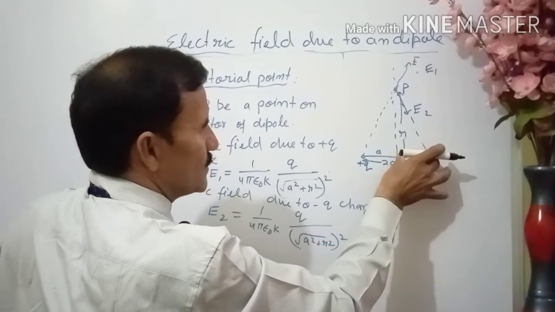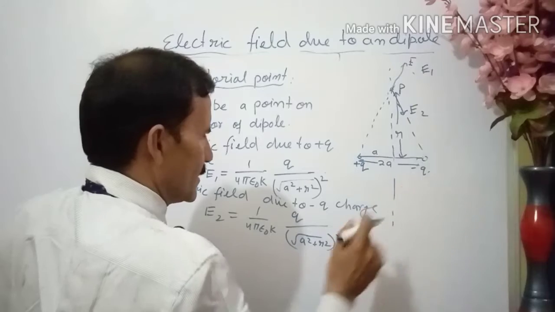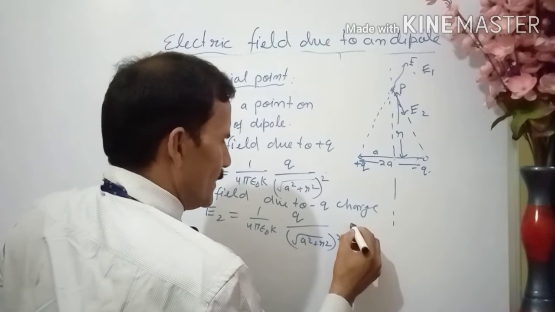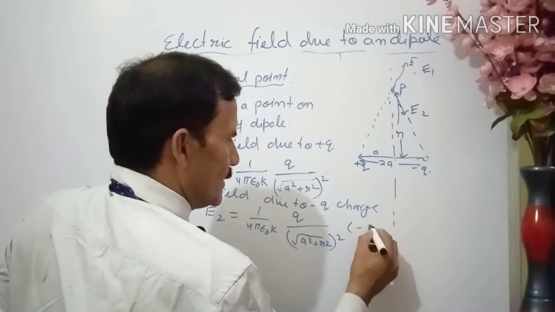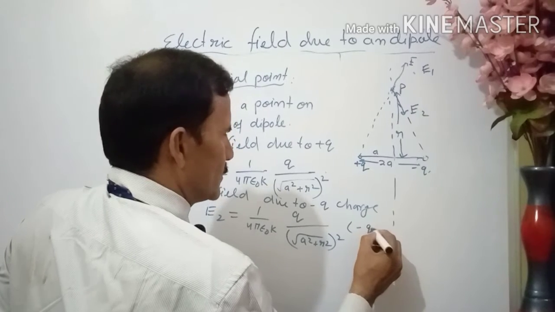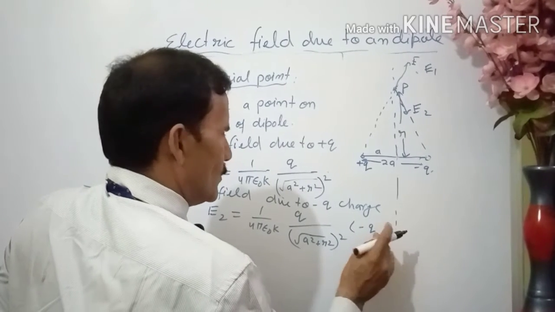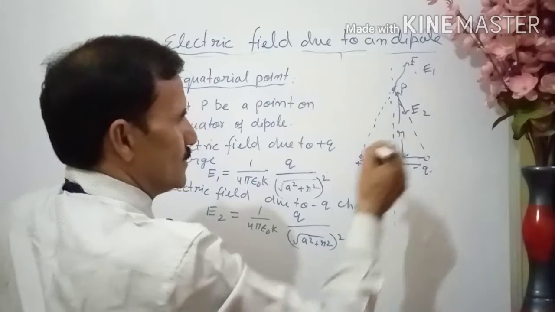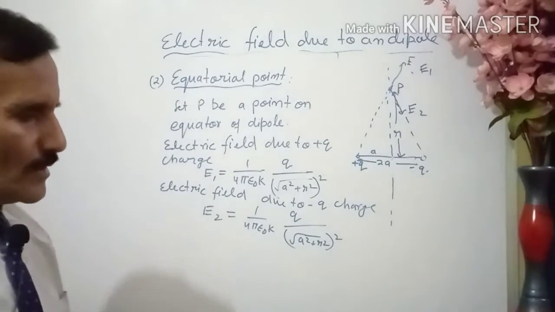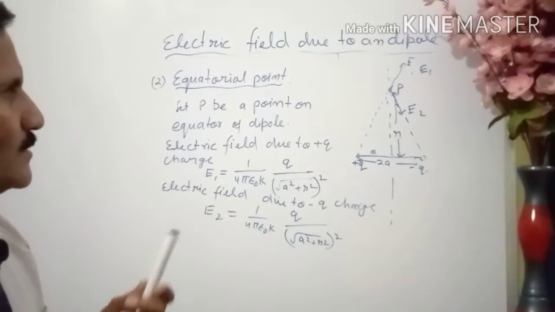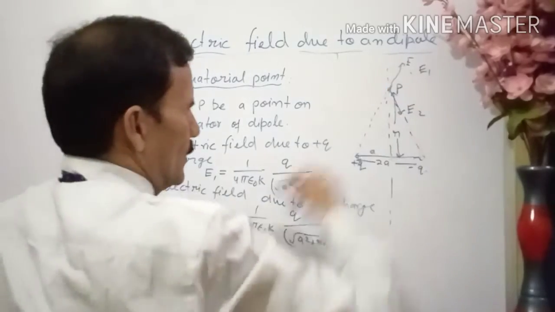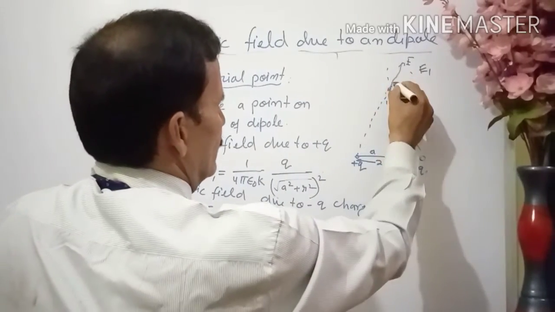Why same? This is A, this is R, so again the same distance, and it will be minus Q to plus Q. So its direction is like this shown in the figure. Now you have to find the resultant electric field. Now you need this angle.